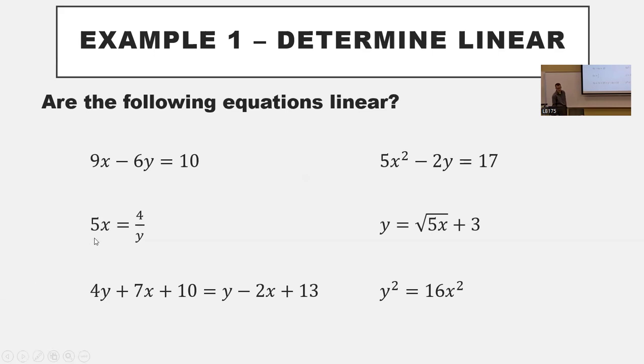This third one, where it says 5x equals 4 divided by y, is where you have to be careful. While each variable is raised to the first power, that y variable is in the denominator.